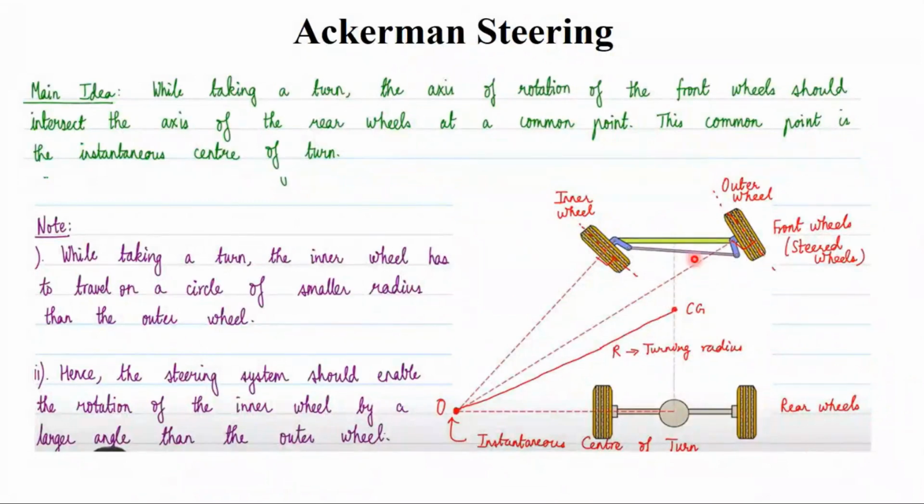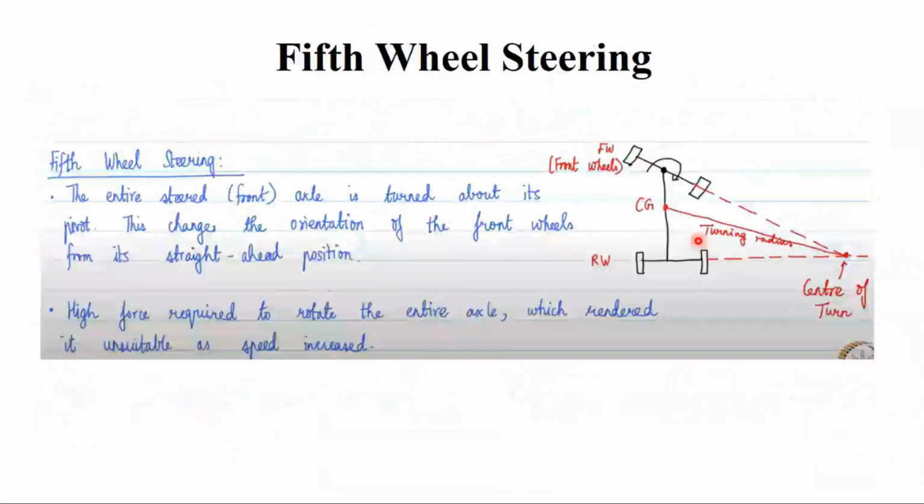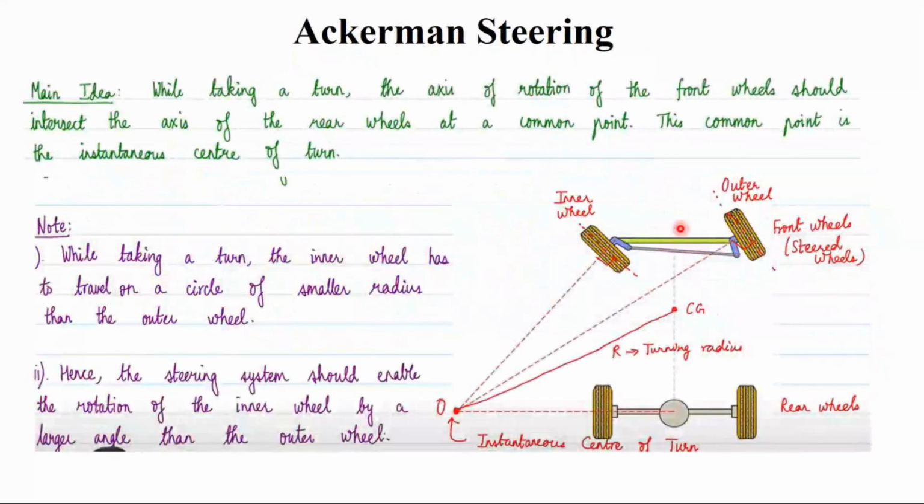Now you see the vehicle is turning towards the right. This is the inner wheel, this is the outer wheel, right? And the front wheel is getting steered because the front axle, as we have seen, is turned about its pivot axis.